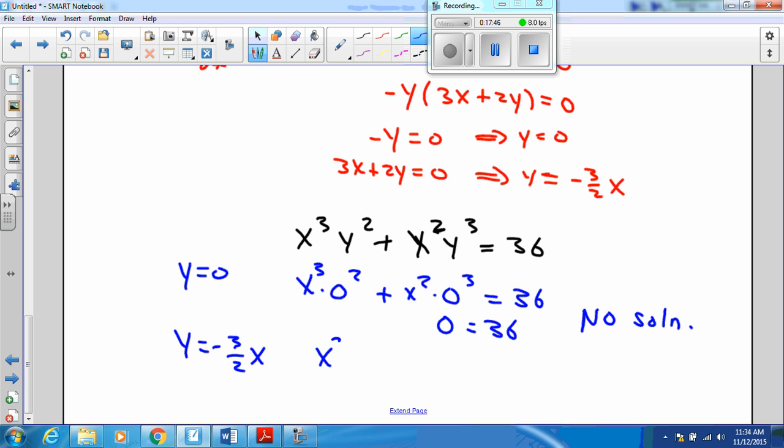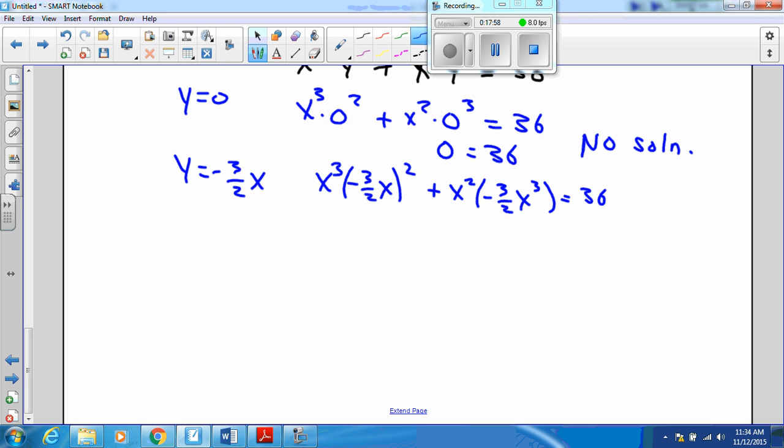Now I can plug in y equals negative 3 halves x, and I find that 9/4 x to the 5th, actually minus 27/8 x to the 5th, is equal to 36.